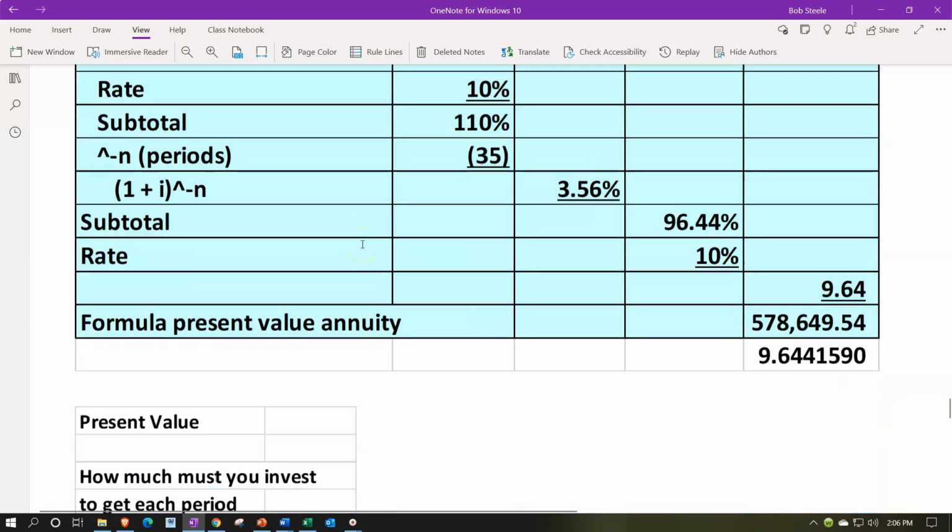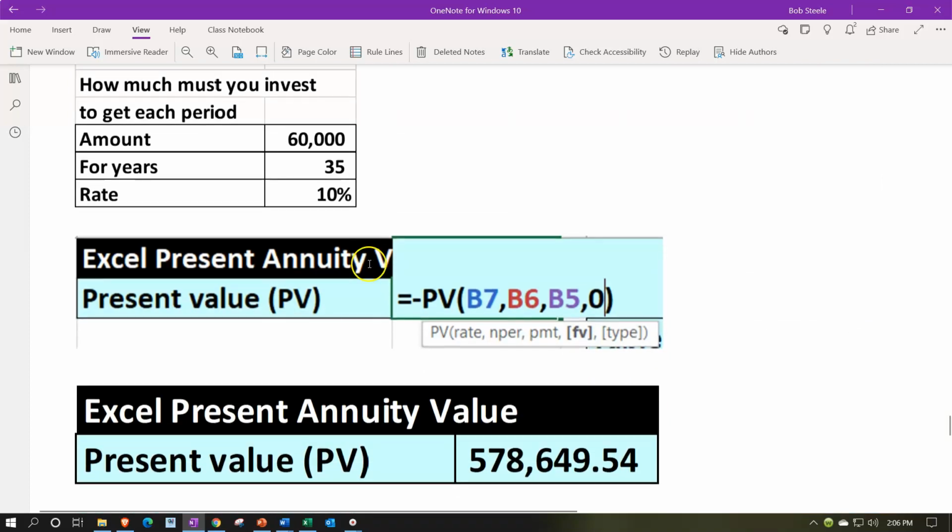Let's do that with an Excel calculation. If you were to put this in Excel, and we do have the Excel problem if you want to practice that one, highly recommend it. The rate would be the 10%, and then comma, the number of periods, 35, comma, and then because this is an annuity formula, we would pick up the payment amount of the 60,000, and nothing goes in the future value because that would be used for the present value of 1 instead of an annuity.